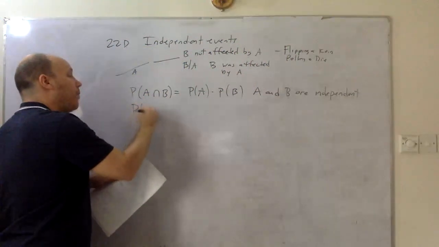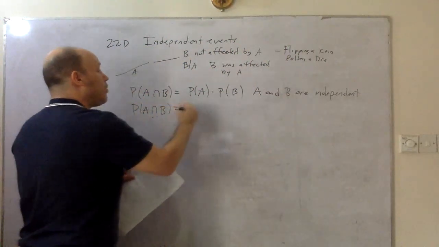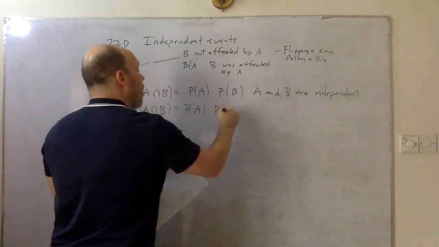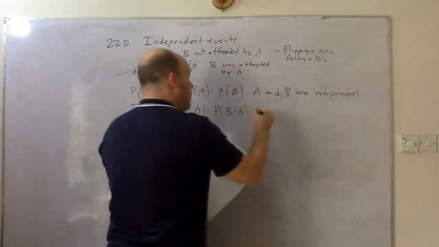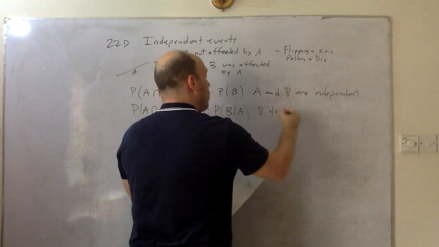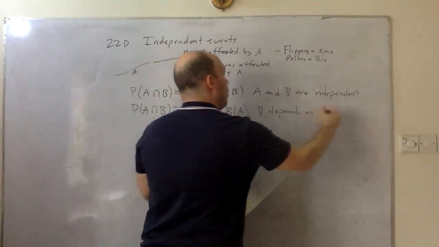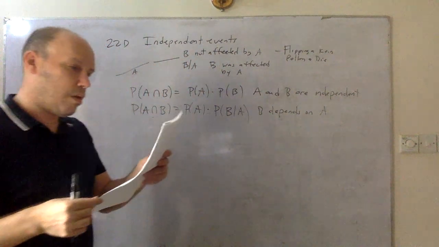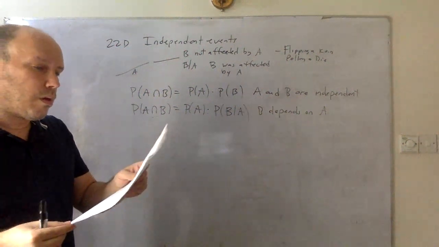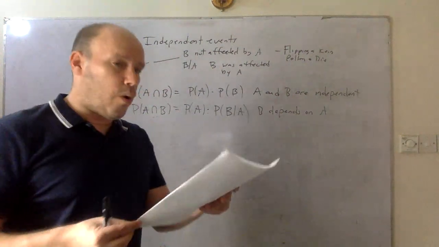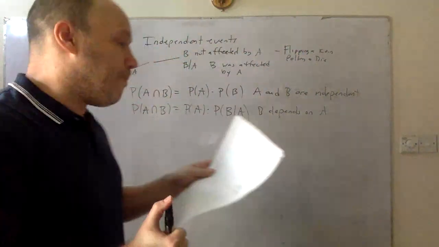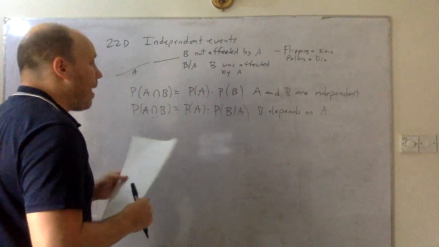Notation-wise, if we see the probability of A and B is equal to the probability of A times the probability of B given A, then we see that B depends on A. So the question is, are A and B independent of each other?